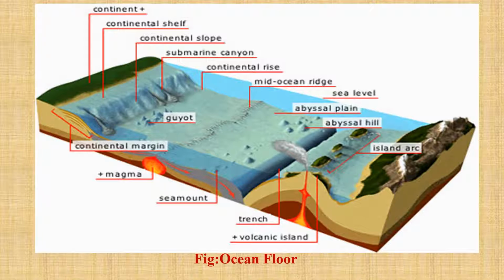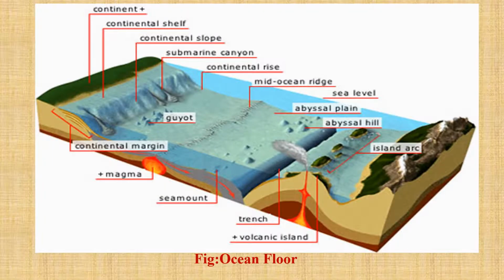So do you find a raised part of the abyssal plain? This is known as mid-ocean ridge. And here you find a trench, deep part on the ocean floor. So children, you have understood well, I think.